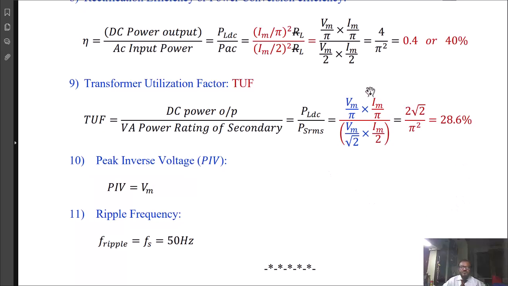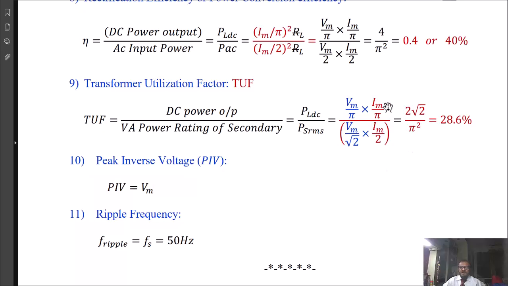DC power output can be given by the expression we have derived for PLDC, or it is Vm by pi into Im by pi, average value of voltage into average value of the current at the output. Whereas the RMS AC power is given by the product of voltage and current at the secondary as RMS quantities. The RMS secondary voltage is Vm by root 2, but the RMS current flowing through the secondary winding is Im by 2 because it flows only in the half cycle.